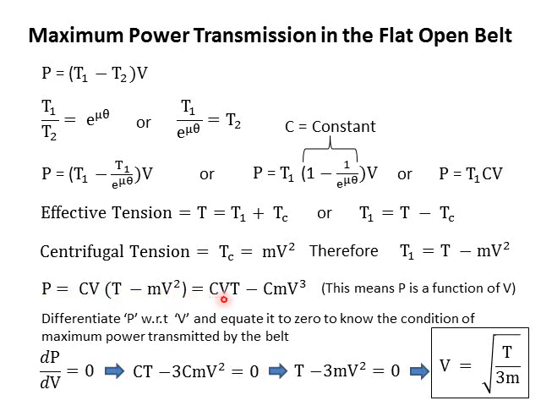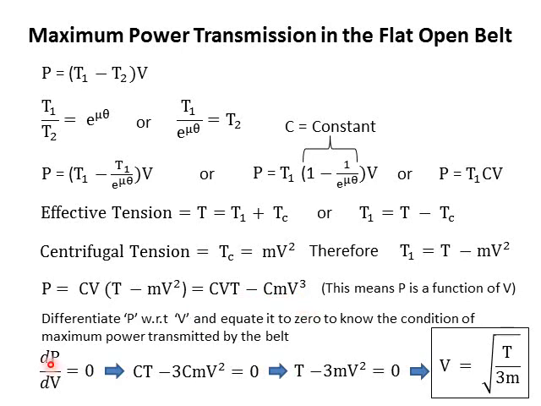I will repeat it again. We have this final equation, which is P is equal to CvT minus Cm v cube. In order to find the maximum power, because we know that power is a function of v, we will take the derivative of this equation with respect to v and equate it to 0.